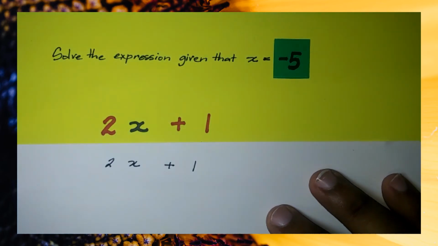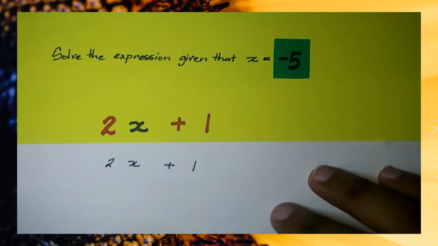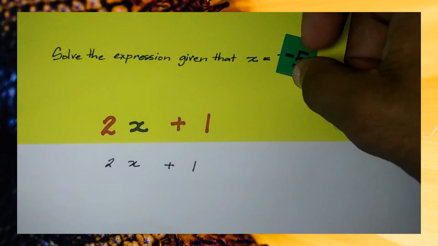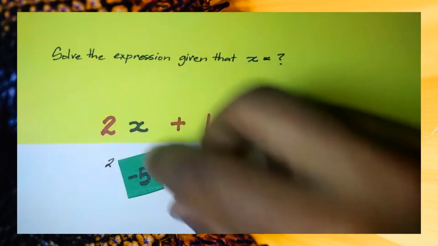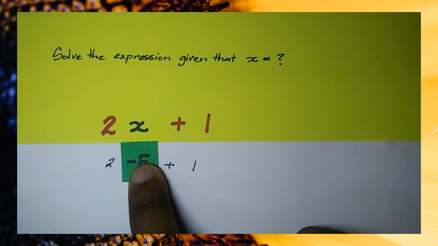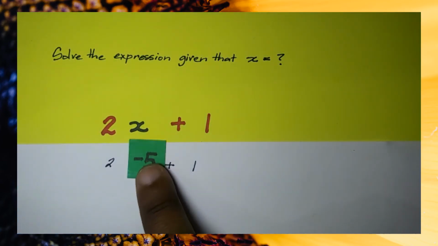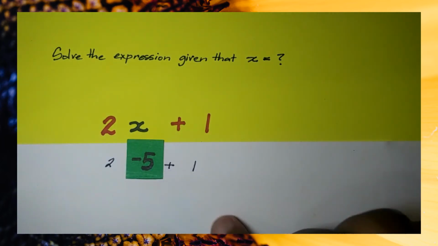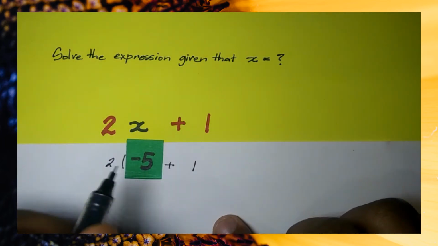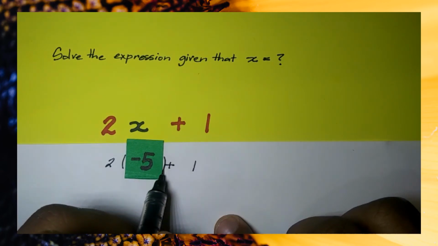And remember, wherever I see x, I'm going to replace it with negative 5. So I'm going to take up this 5 and replace x right here. Now remember, wherever I'm doing the replacing, I'm going to put what? I'm going to put brackets. Put in a bracket there and put in a bracket here.